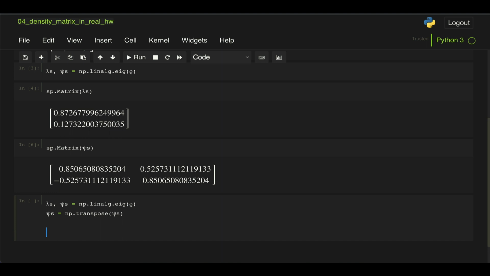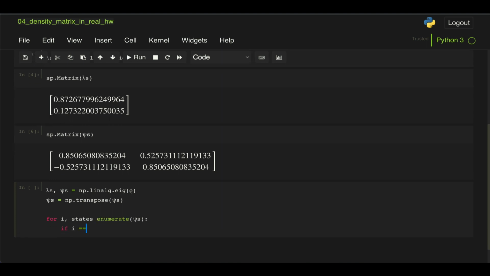And then what we can do is a for loop where we're going to iterate over each of our eigenvectors. And if this is the first time we're looping through them, we're going to assign our value to, let's call it rho recon for reconstructed. And then we have to take lambda i times the density matrix of whichever state we're in our list of size that we're iterating through, right?